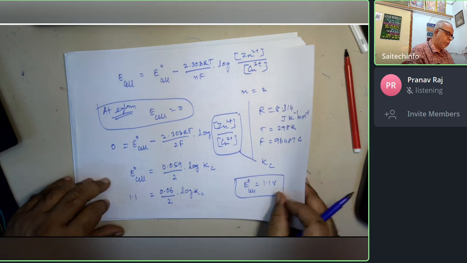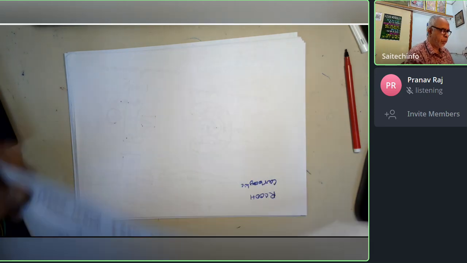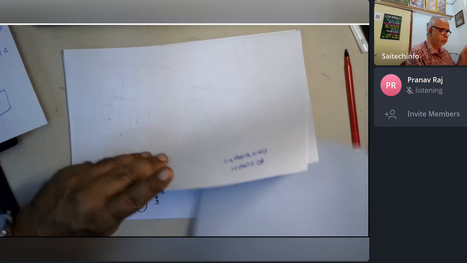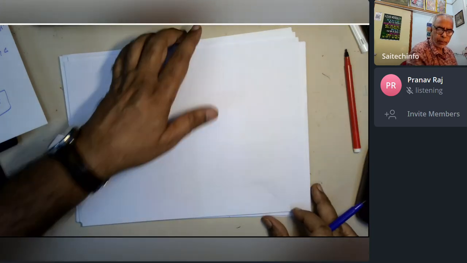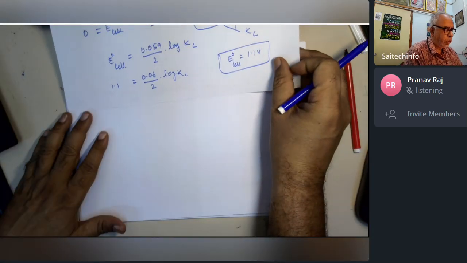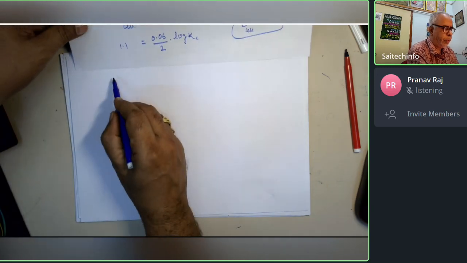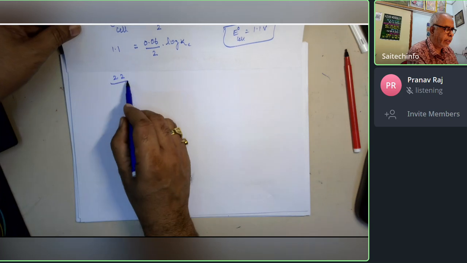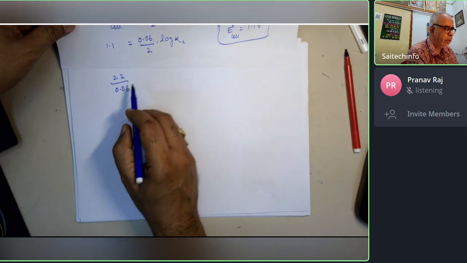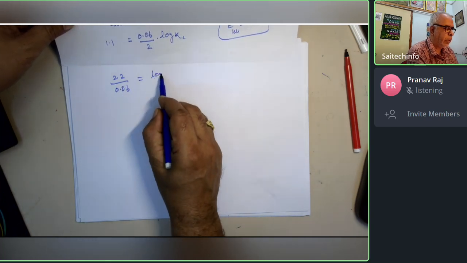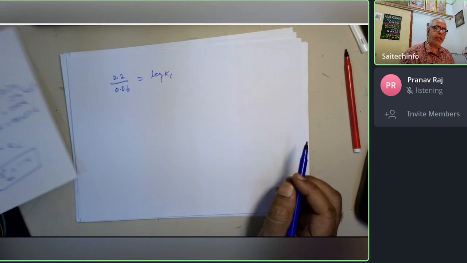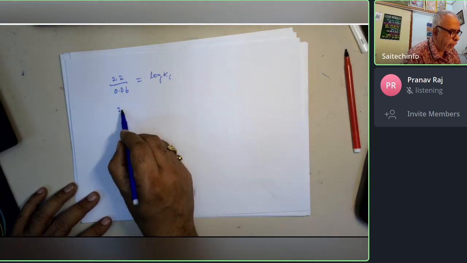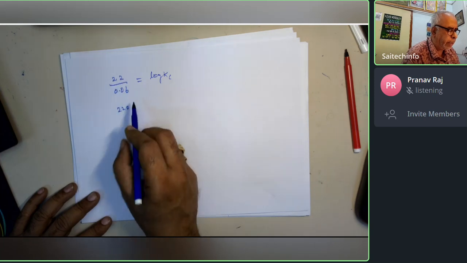Now you can bring here 2.2. So you have 2.2 divided by 0.06, right? That is equal to log Kc. Do you understand? And now you can make it as 220, multiply and divide by 100.